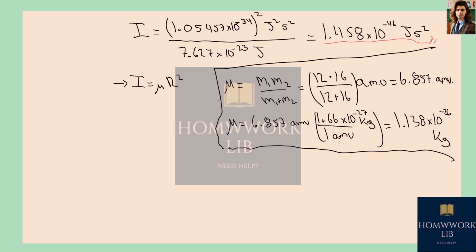So with this information, we know the moment of inertia, we know the reduced mass. So from here, the value for r, the distance, is the square root of the moment of inertia divided by mu.